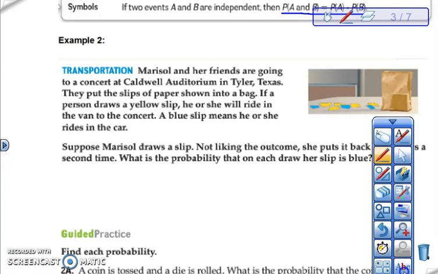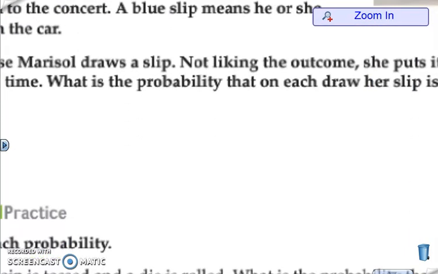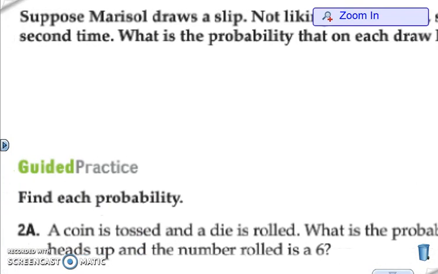So basically, we need to know the probability that we draw blue twice after putting the first slip back. If you look at the picture, there's 3 blue slips and there's 5 yellow slips.